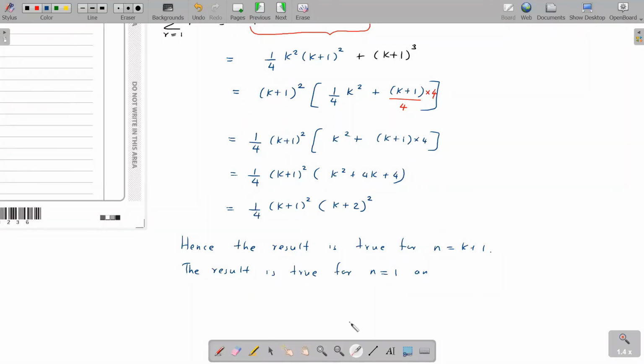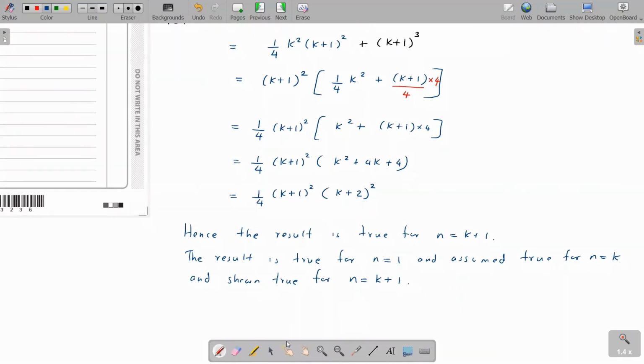The result is true for n equal 1, and assume true for n equal k. And what's the last one? And shown true for n equal k plus 1. Then therefore what can we say?